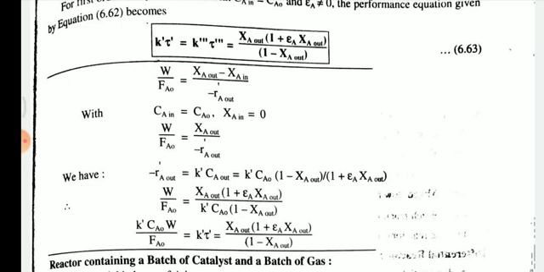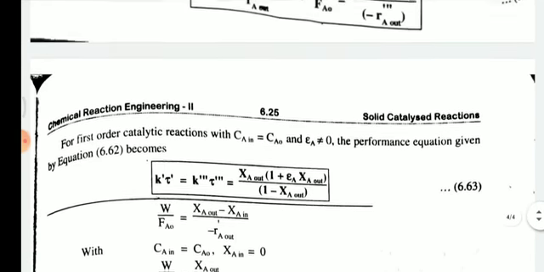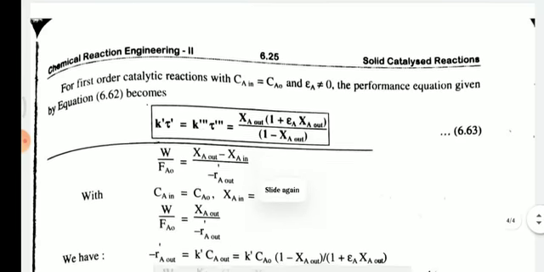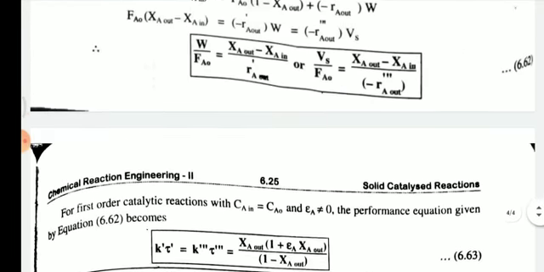The final equation is k dash Ca0 W upon Fa0, which is k dash tau dash, equal to Xa out into 1 plus Ea Xa out divided by 1 minus Xa out. You can do this calculation in your own words so you can easily understand it.